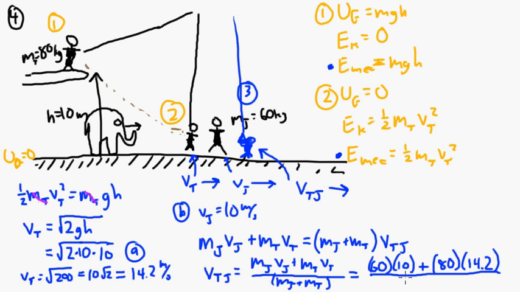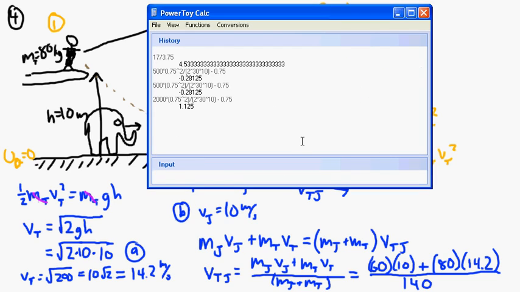So we take this 60 times 10 plus 80 times 14.2 as our total momentum, and divide it by 140, and find that they are moving at 12.4 meters per second. So VTJ equals 12.4 meters per second.